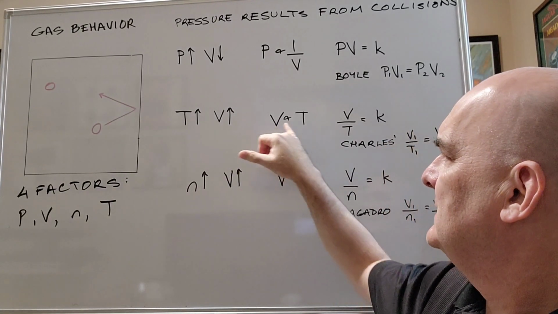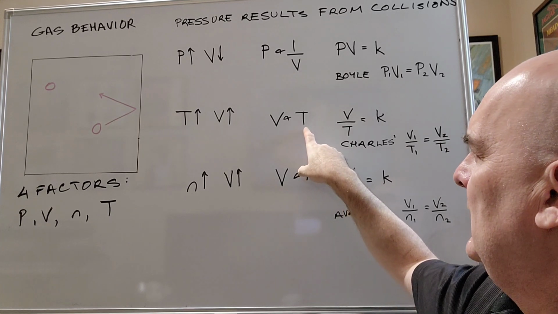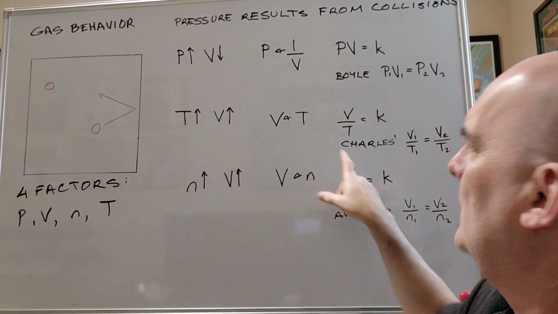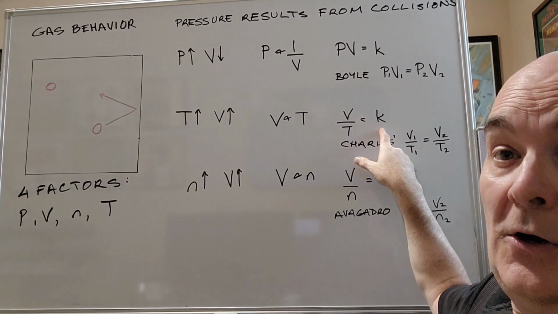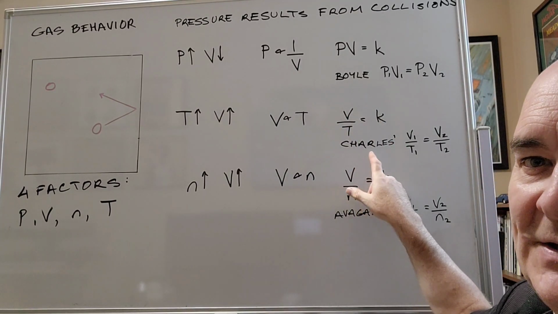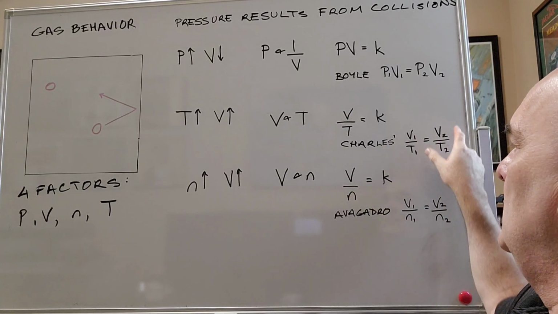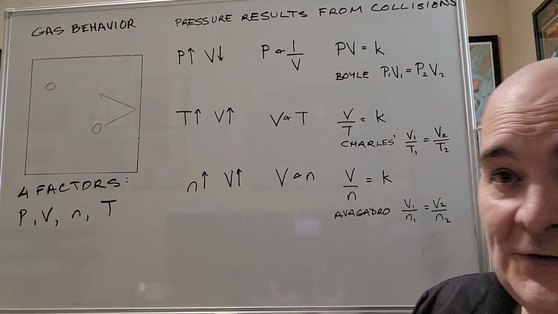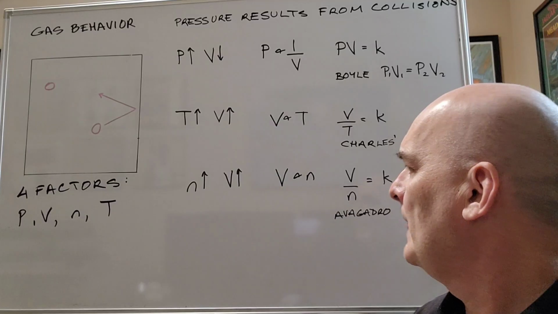So volume is directly proportional to temperature, which means that if I pull the temperature across this proportionality, it will go to the denominator position, so that volume divided by temperature is a constant. This gives us the basis for Charles's law that says V1 over T1 is equal to V2 over T2, because V over T is a constant. It's constant under one set of conditions, it's constant under another set of conditions.